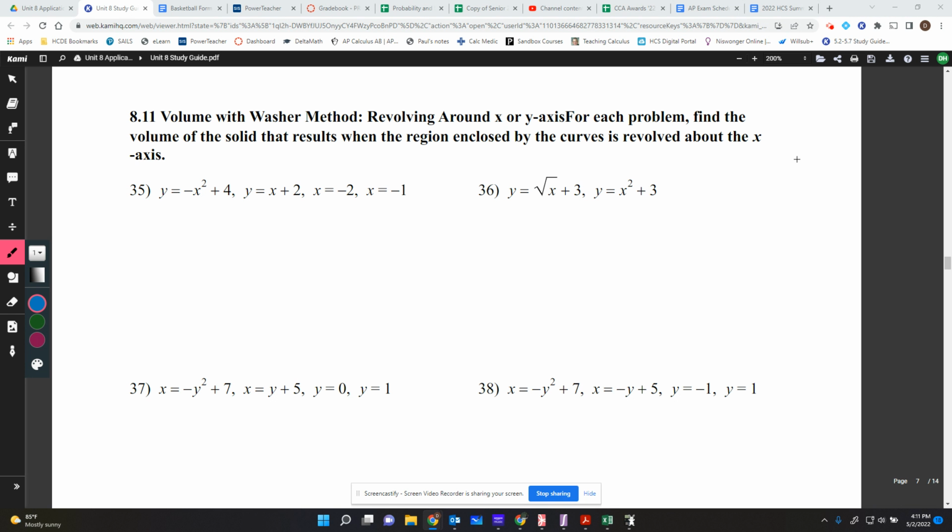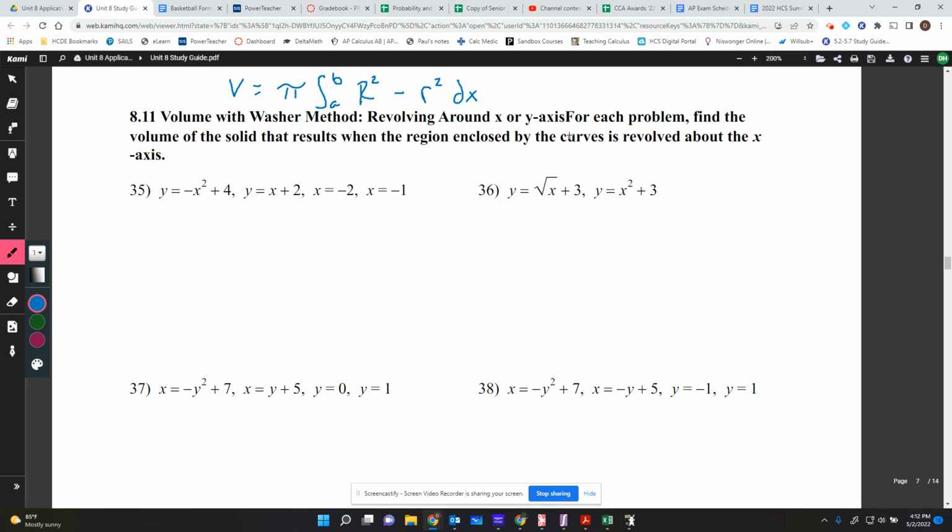So basically our formula here is going to be V equals pi, and then the integral with your bounds from a to b of capital R squared minus lowercase r squared. And then it's going to be dx if you're revolving around an axis parallel to the x-axis, or dy if it's parallel to the y-axis.